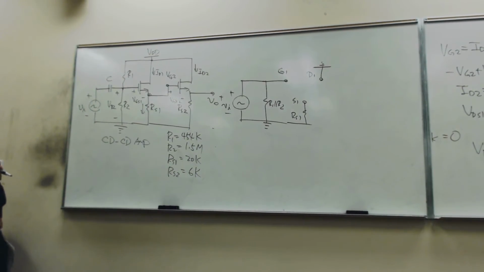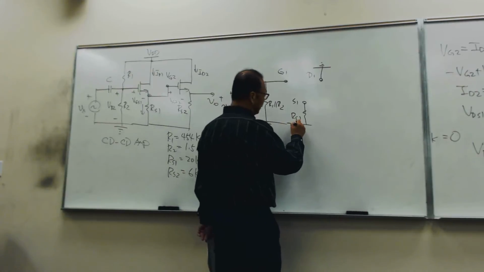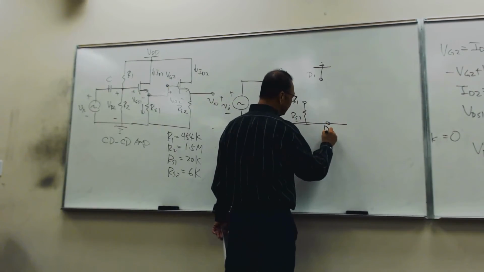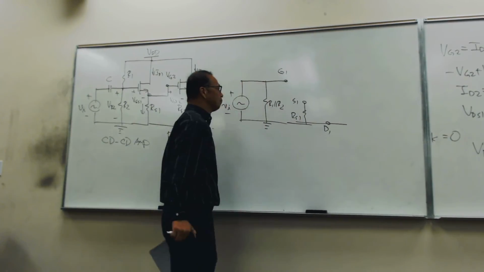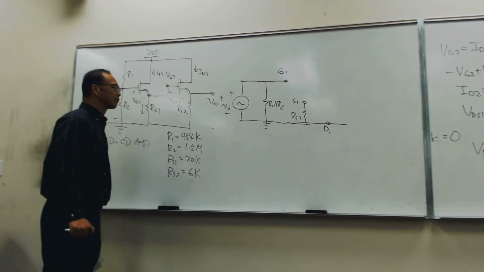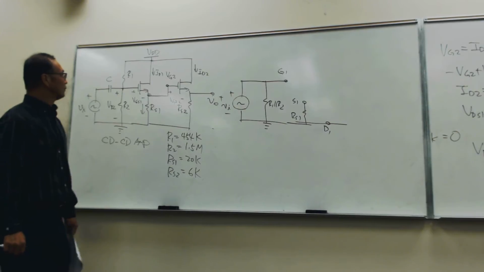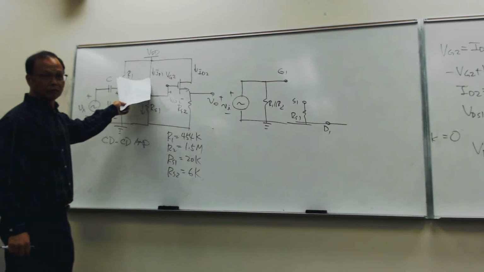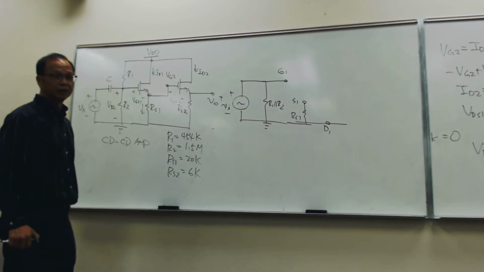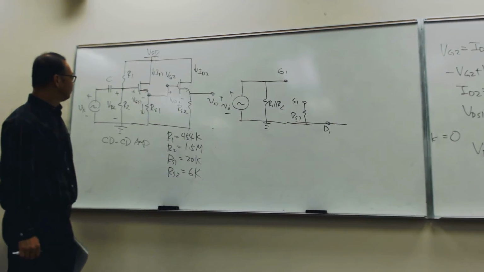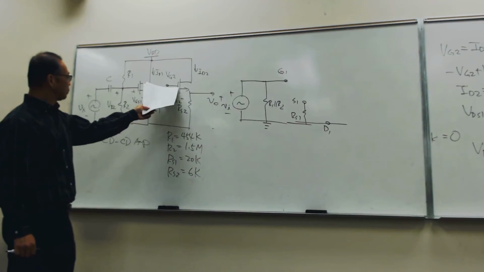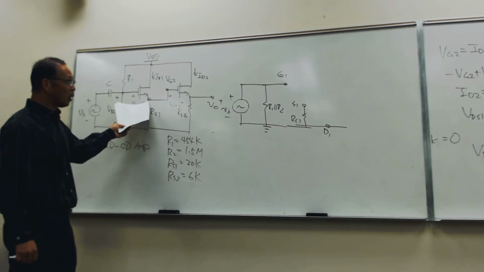Or I can put D1 here. Drain 1 is connected. Okay, then what do I do? The gate 2 is connected to S1, right?